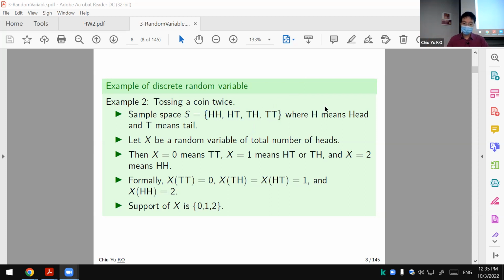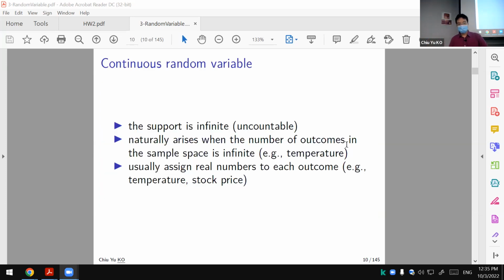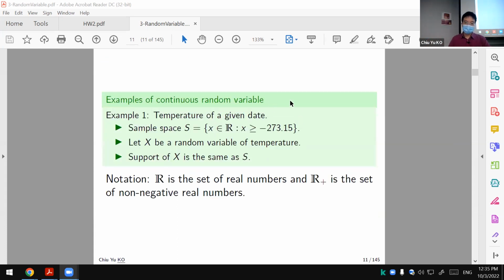Okay, and that's how you put numbers. When you have many numbers, infinitely many, then you use a continuous random variable. The things you often measure in money terms are basically all continuous random variables. If you're counting things, then it's discrete.